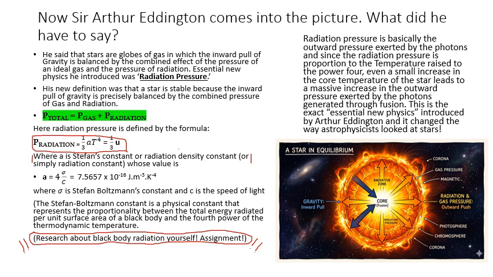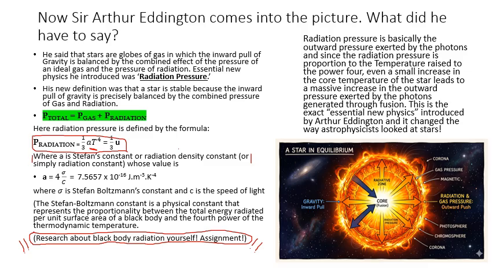And since the radiation pressure is proportional to the temperature raised to the power 4, as we can see here, even a small increase in the core temperature, for example, going from 10 million Kelvin to 11 million Kelvin, which is not small, but in terms of stellar quantities is small, will produce a significant outward pressure exerted by the photons that get generated through the fusion process.